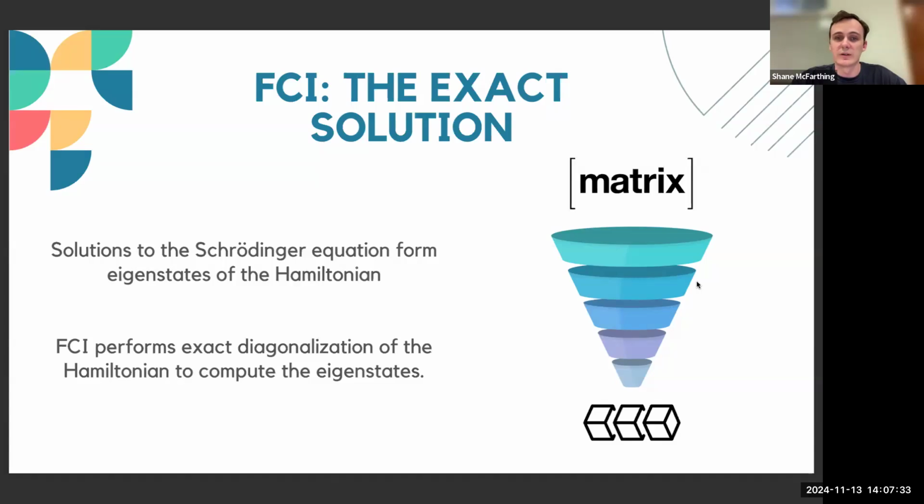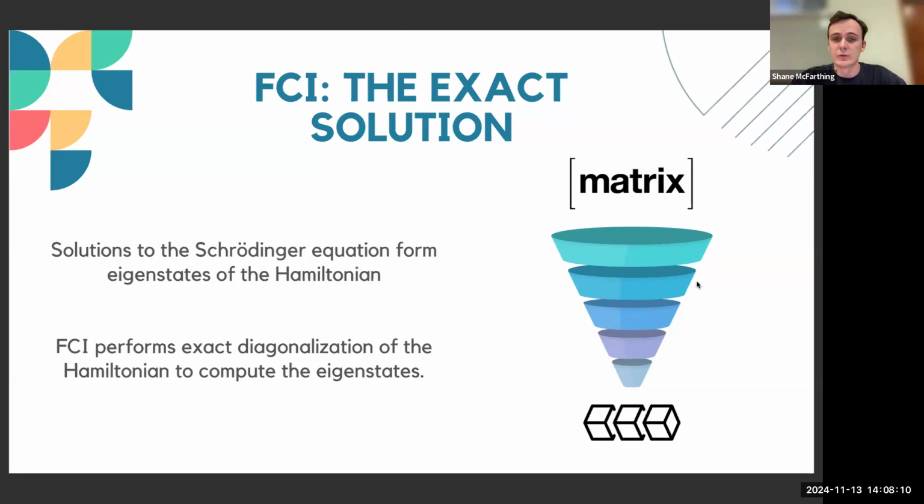If we have k orbitals and n electrons, then the number of possible configurations is k choose n, because we're looking at all the possible ways the electrons can occupy the available orbitals. That scales exponentially, and the dimension of the matrix also scales exponentially. So we have quite a problem using this method for larger systems.